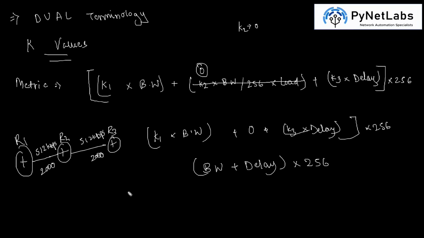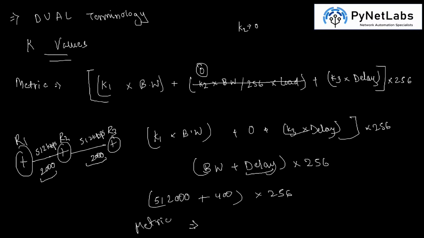So bandwidth will be considered as 512,000. You just convert them into bits, and when it comes to delay, you have to add up all the delays which are there between links. So delay will be 4,000, right? And when you multiply them with 256, you get the metric of EIGRP.